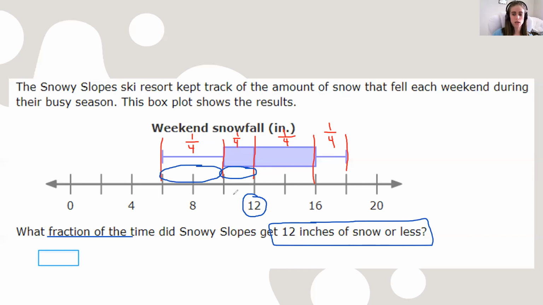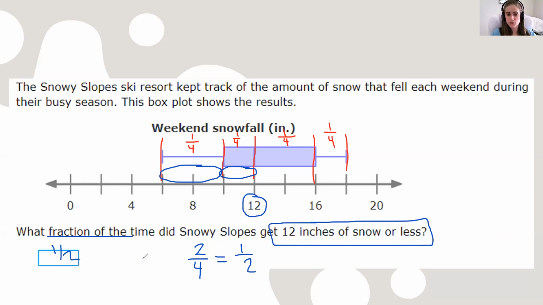So 2 of the 4 sections are showing 12 inches or less. Now that would be a fraction because 2 out of 4 sections, 1/4 and 1/4 is 2/4. But of course, we always want to simplify. If we reduce that by 2, we get the fraction of 1/2.